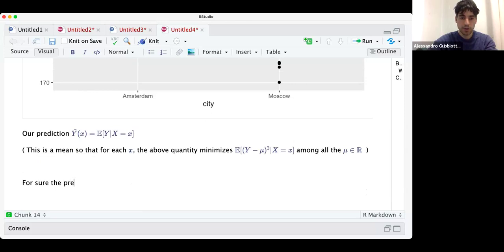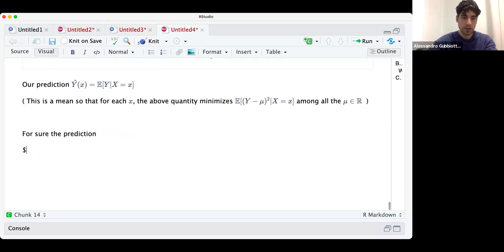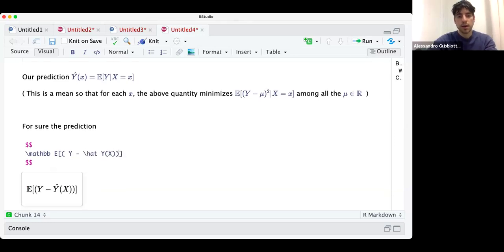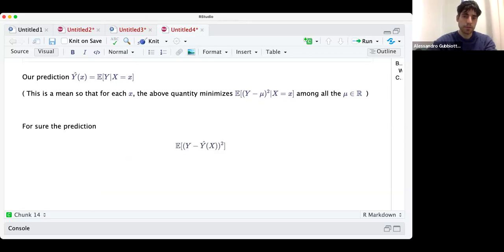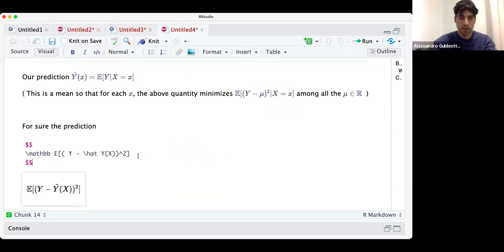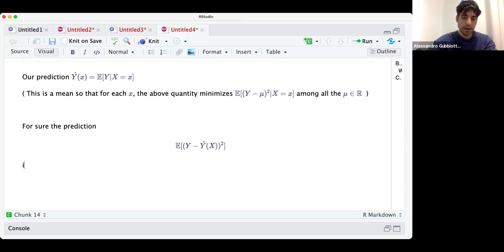The mean of y minus our prediction will be greater than this, which is the best we can do.